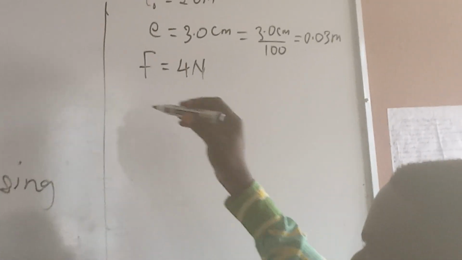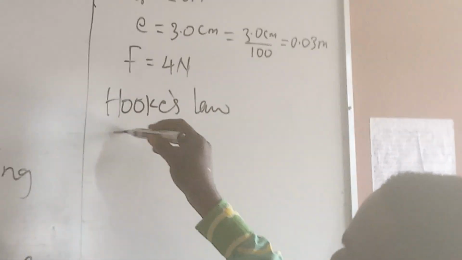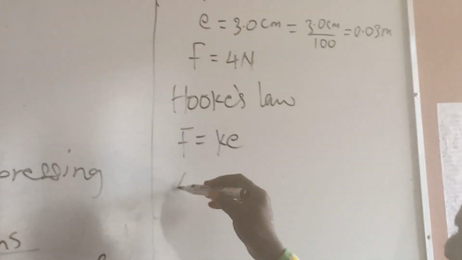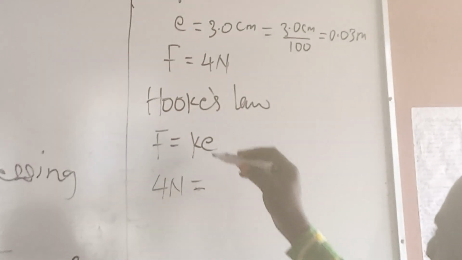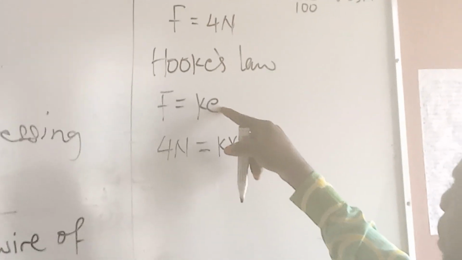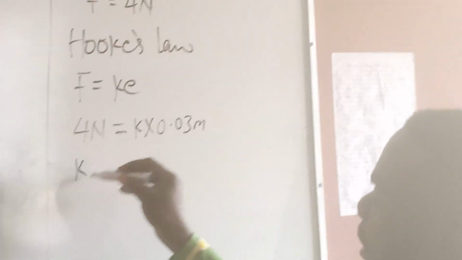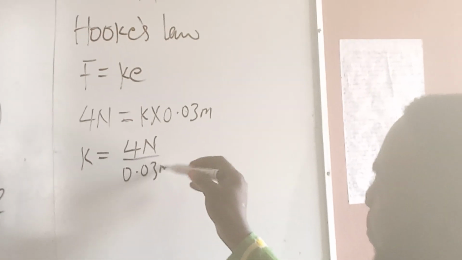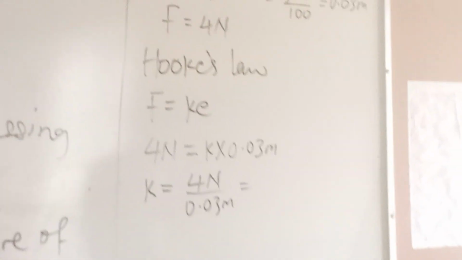We write our formula of Hooke's law, and that is F equal to ke. You substitute F is 4. Under F here, you write 4 Newton equal to K unknown multiplied by e. Extension is 0.03 meter. You make K the subject of the relation. K equals 4 Newton over 0.03 meter.